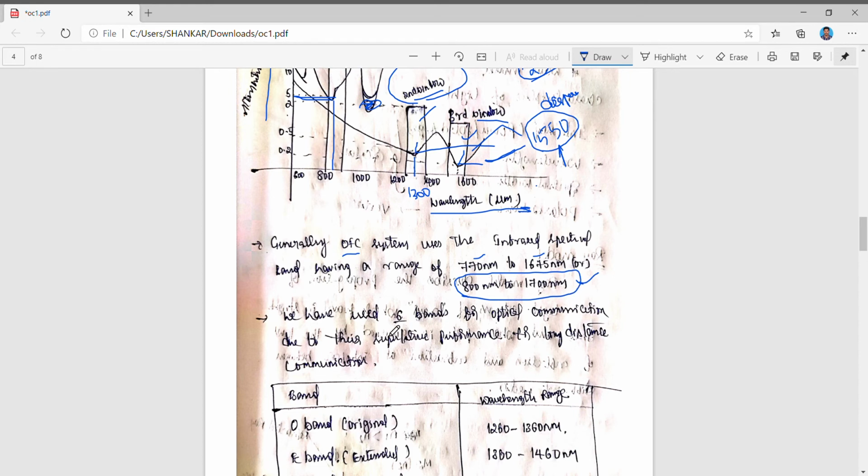Here we have used 6 bands for optical communication systems due to their superlative performance, meaning very low attenuation at wavelengths of 1550 nanometers or 1300 nanometers or whichever wavelength range, so long distance communication will be possible.